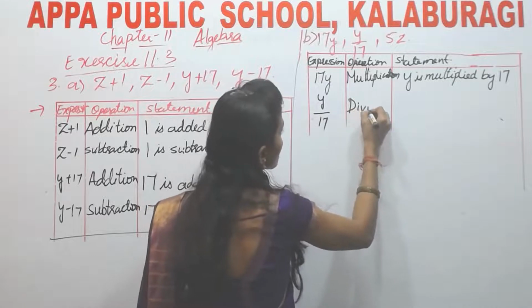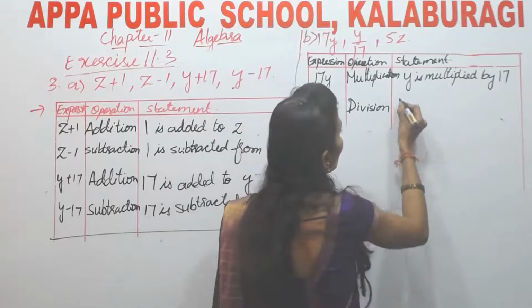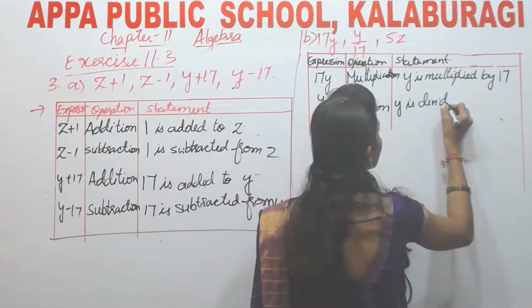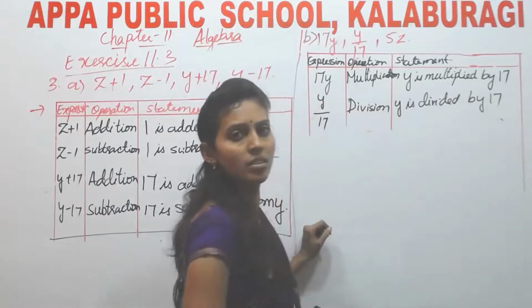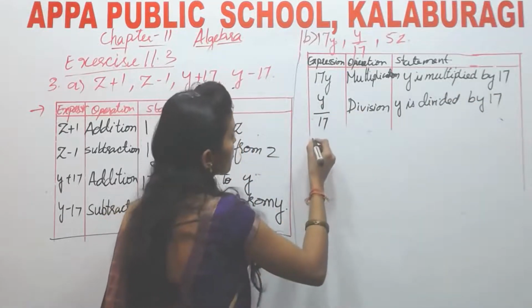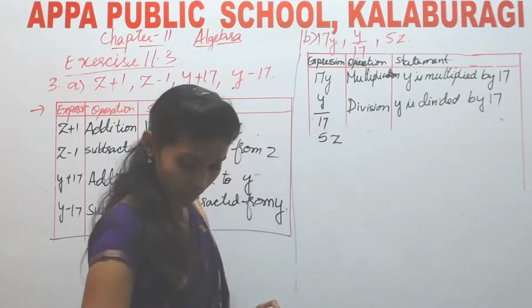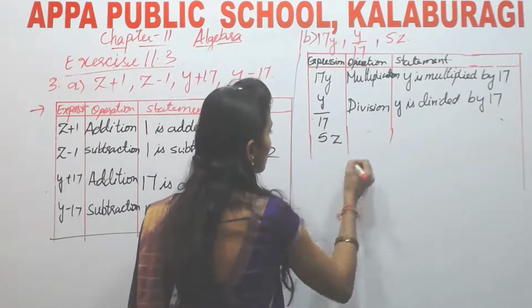Operation: division. Right? So how? y is divided by 17. Right? Next, 5z. Again, what is the operation? Multiplication, right?